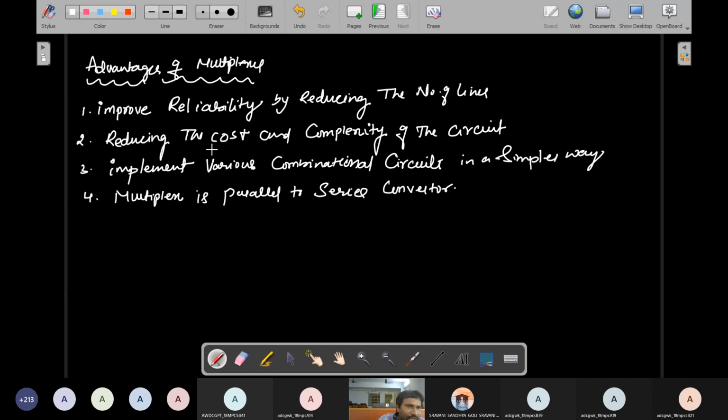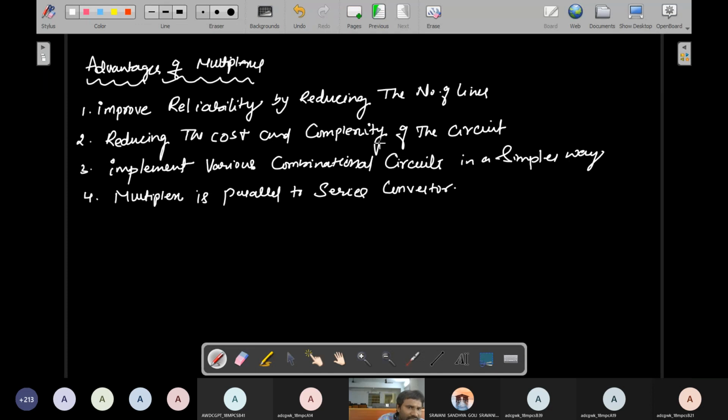And the second point is reducing the cost and complexity of the circuit. So reducing the cost means almost all the logic gates are very cheap. The multiplexers are designed by using only logic gates, so obviously the cost is very less, therefore they are reducing the cost.